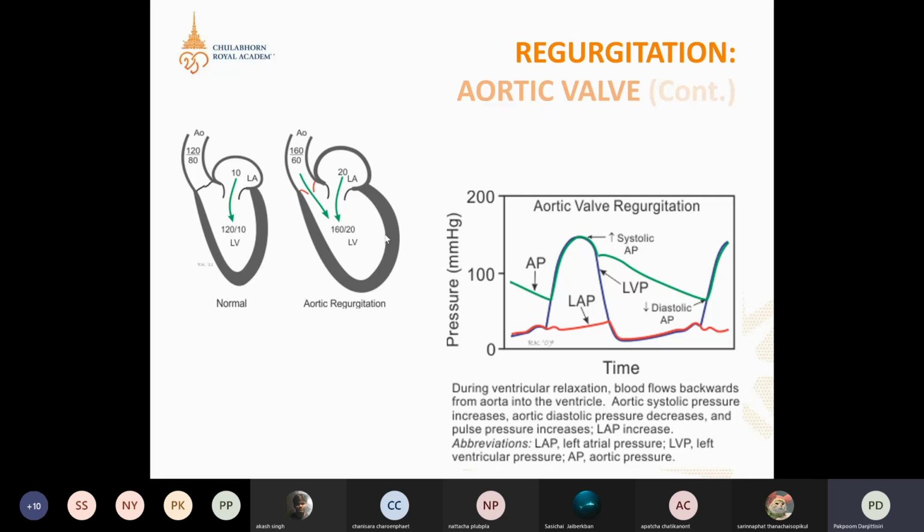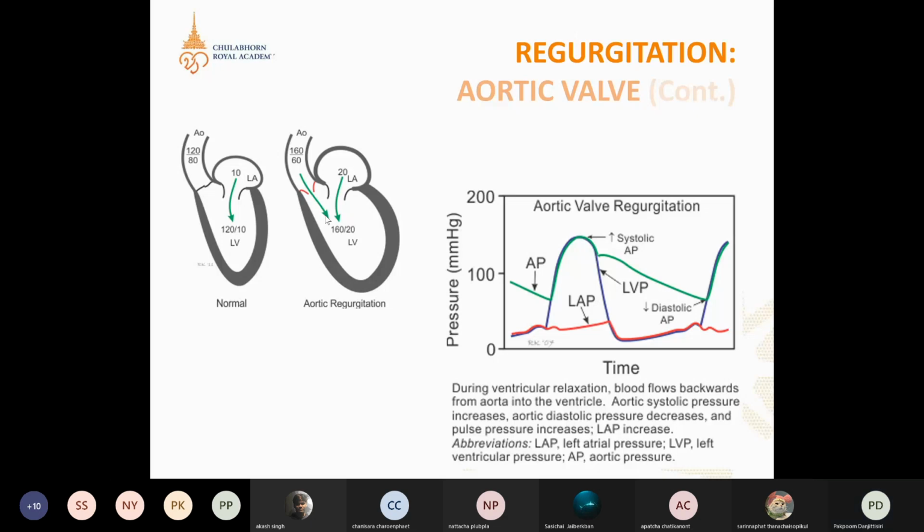During the ventricle in the diastolic phase, so let's imagine during LV relaxation, or the diastolic phase, there is some blood going back from the aorta into the left ventricle.